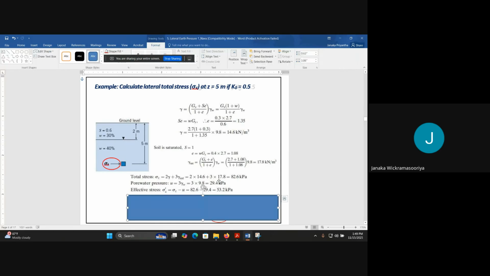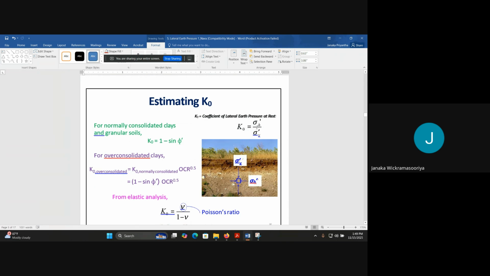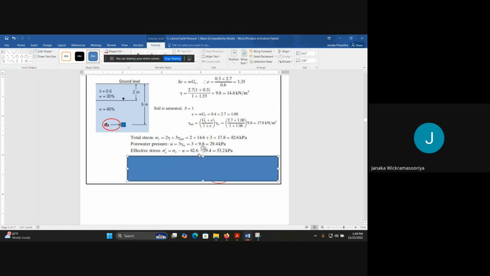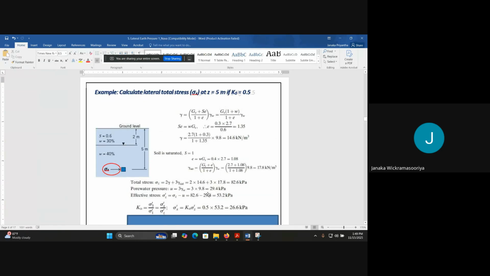So then using this equation, sigma dash h can be found by multiplying sigma dash v with K naught. So this is the effective horizontal stress.